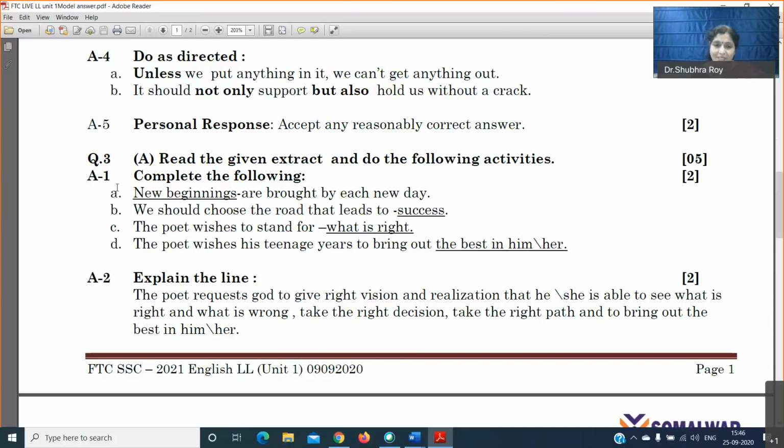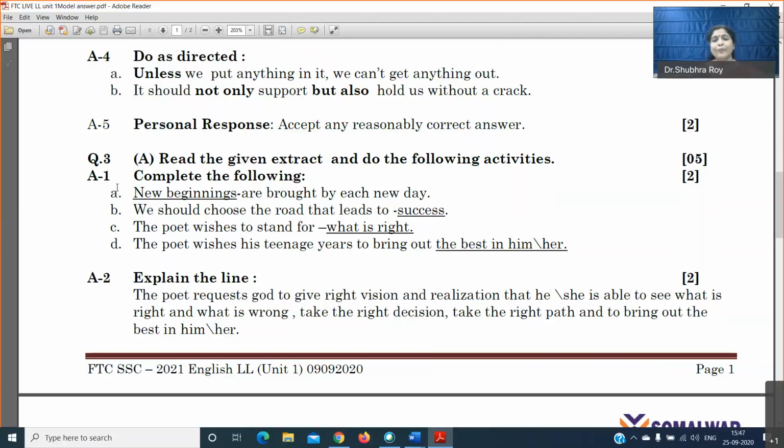The poet requests God to give right vision and realization so that she is able to see what is right and what is wrong, take the right decision, take the right path, and bring about the best in him or her. Now, here in the model answer, only points have been given. You can modify this answer and even elaborate on it in your own words to get 2 marks.